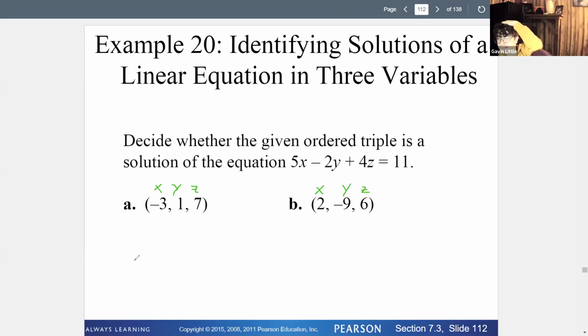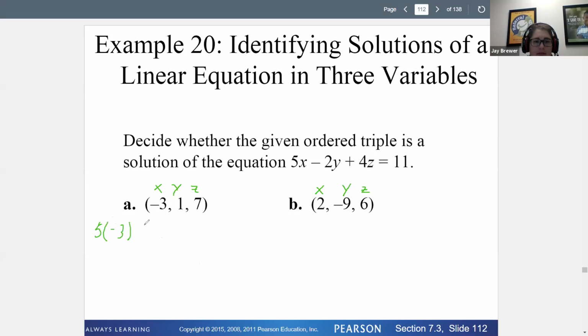Good. So what are we going to do with it? I guess you just start. You can go. Okay, I guess you can just start by plugging in the numbers into the equation. Very good. So we're going to take 5 times -3 minus 2 times 1 plus 4 times 7. And the question is, if we do all that, will it equal 11?